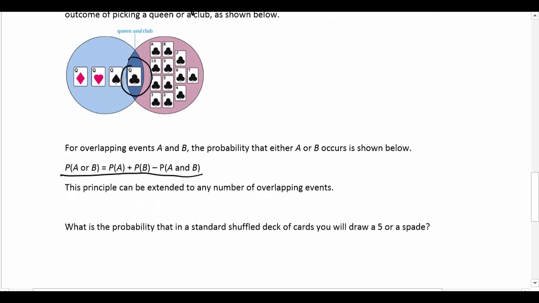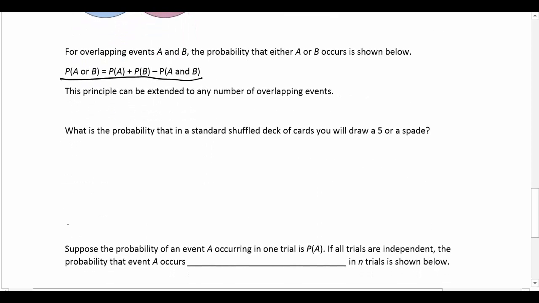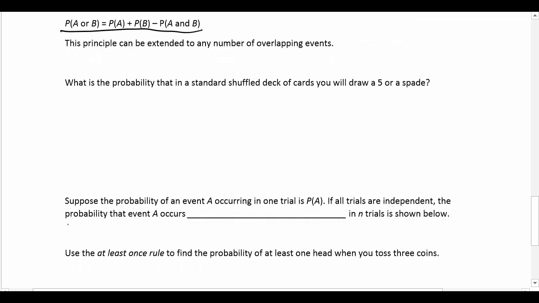Let me illustrate this with this card idea. What's the probability that in a standard shuffled deck we can draw a 5 or a spade? Well, let me write this out. Probability of 5 or spade. Well, probability of 5 plus probability of spade.